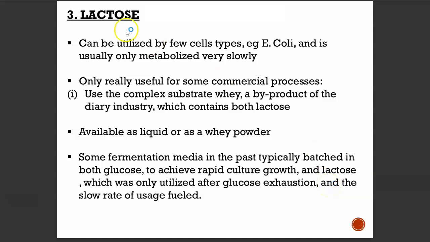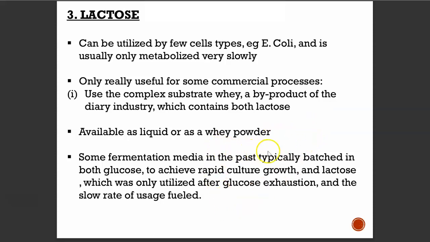And the third one is lactose, which can be utilized by few cell types, for example E. coli, and is usually only metabolized very slowly. It is only really useful for some commercial processes because of the use of complex substrate whey, a byproduct of the dairy industry, which contains lactose, available as liquid or as whey powder.